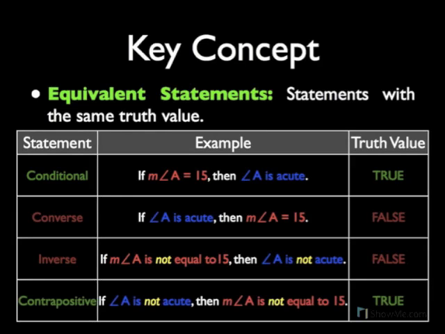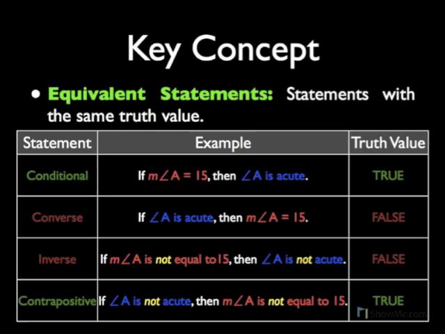And the contrapositive of the original conditional reads, if angle A is not an acute angle, then the measure of angle A is not equal to 15 degrees. And that is true, because if angle A is not acute, then the measure of angle A can't be between 0 and 90 degrees.